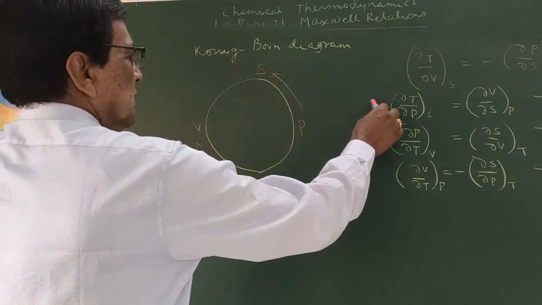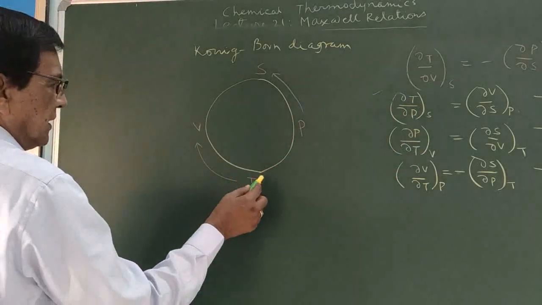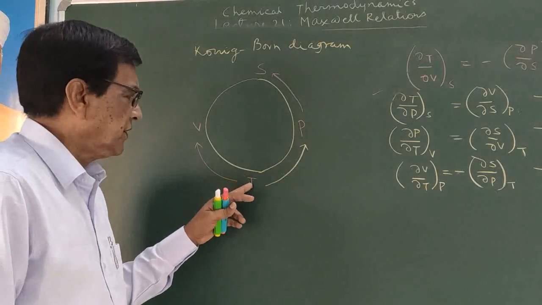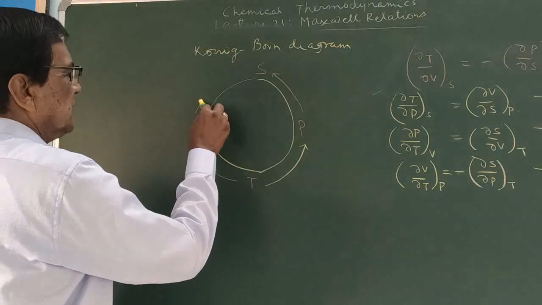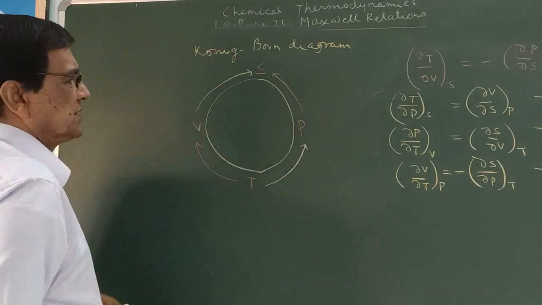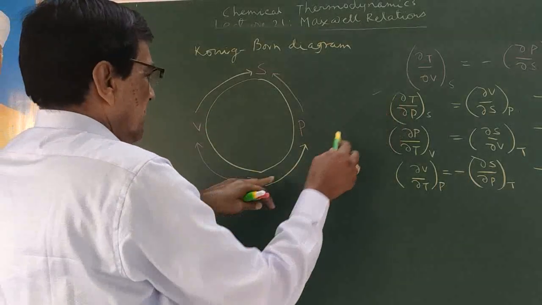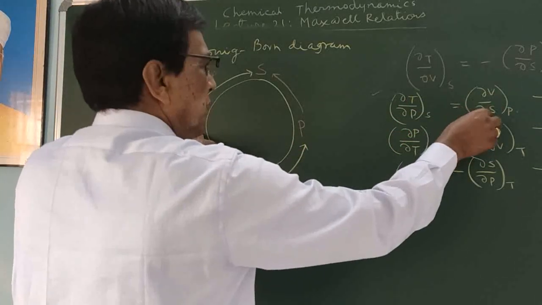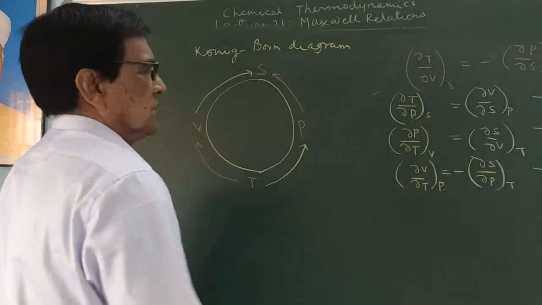Then for TP, the arrow starts from T and ends at P, and the other arrow is diagonally opposite in the opposite direction. So del T by del P equals del V by del S. No SP here, so no negative sign, and P and S are constant.